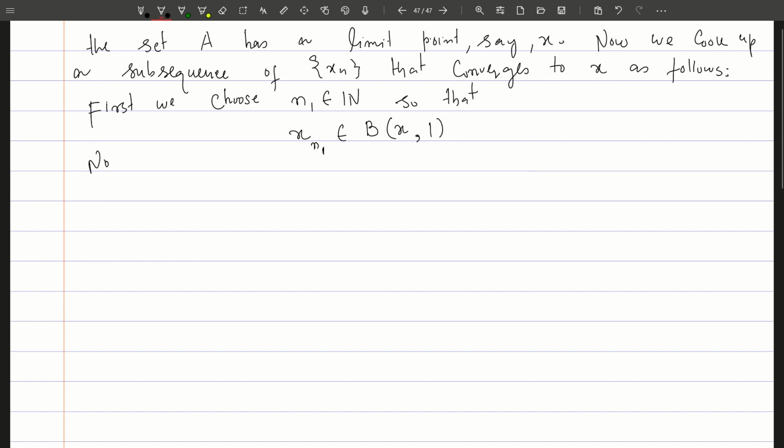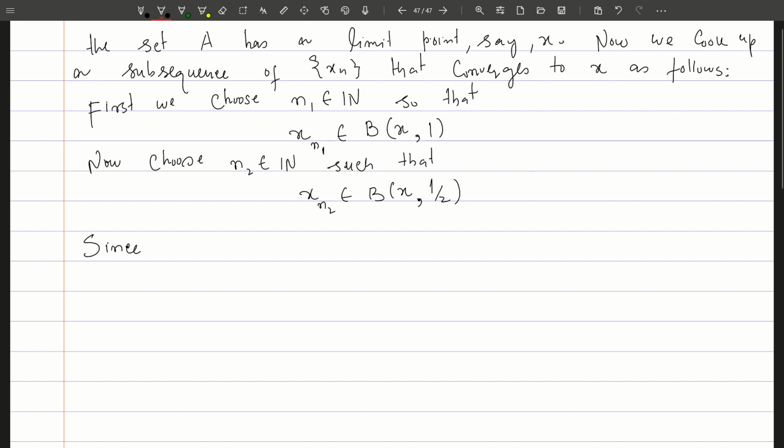Now choose n2 in N such that x n2 is in the ball centered at x and radius half. So we can continue this process indefinitely, since each open ball centered at x contains infinitely many points of the sequence, because this x is a limit point of the sequence.